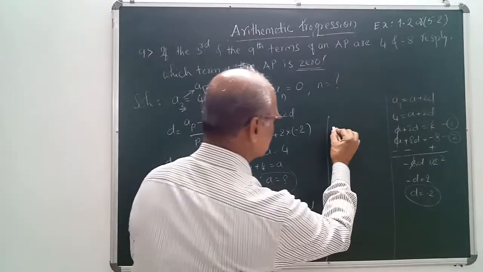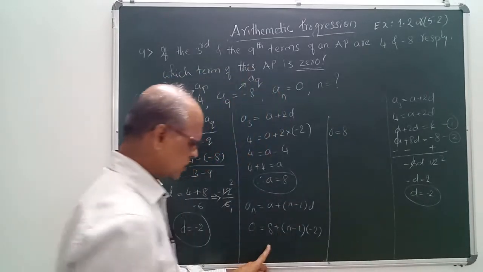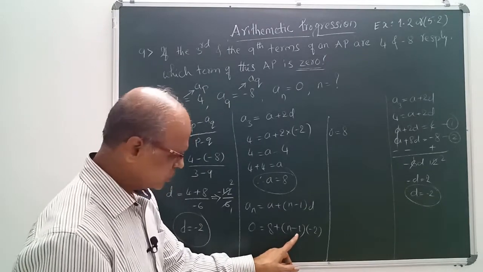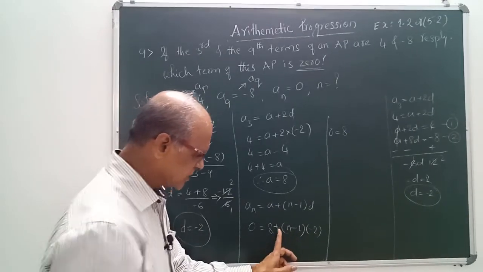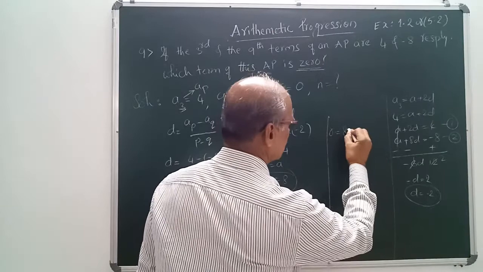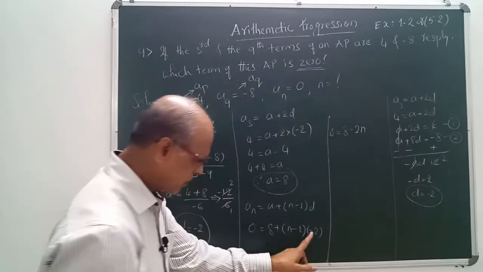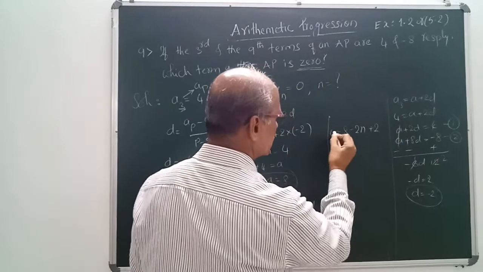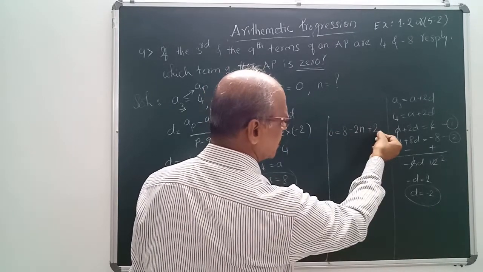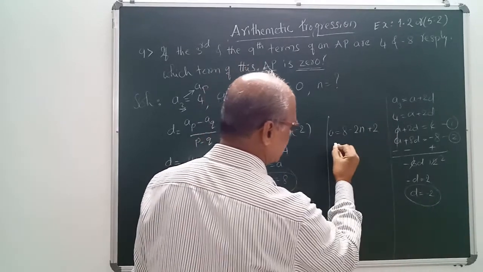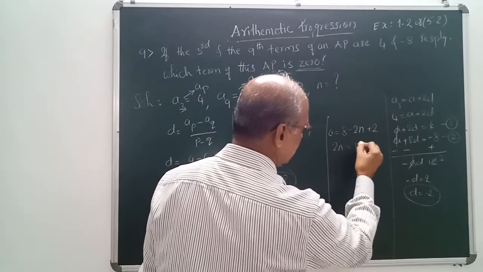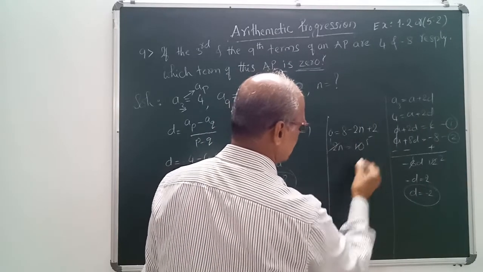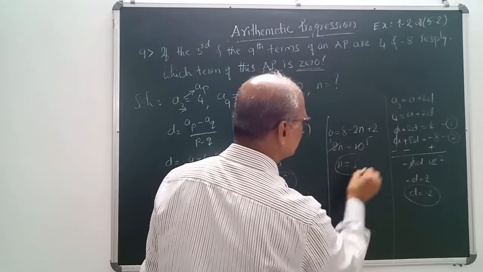So 8, n minus 1 we don't know, minus into plus, that is minus 2n. Minus into minus is plus 2. This is 0. Now 8 plus 2 is 10. This 2n sent to this side, plus 2n is equal to 10. 2 fives are 10. That means n is 5.